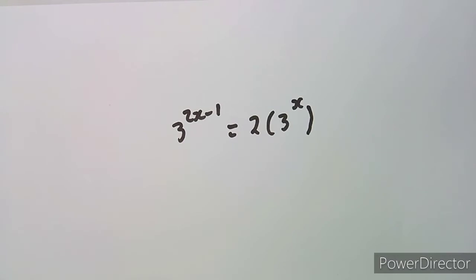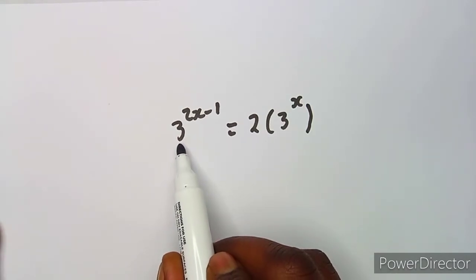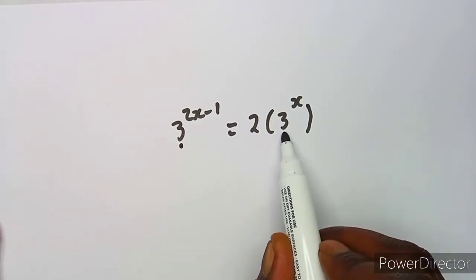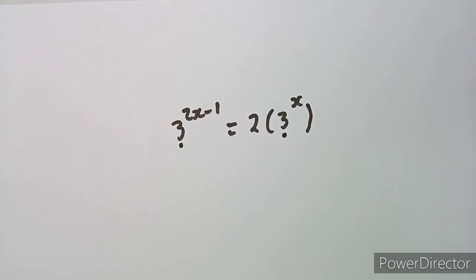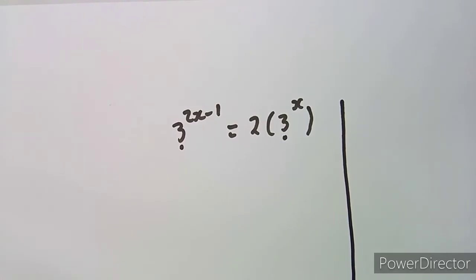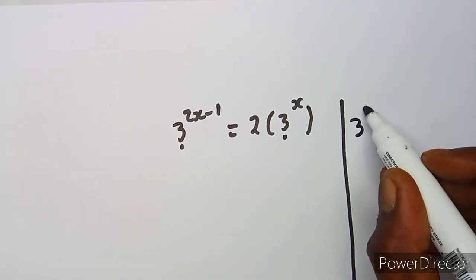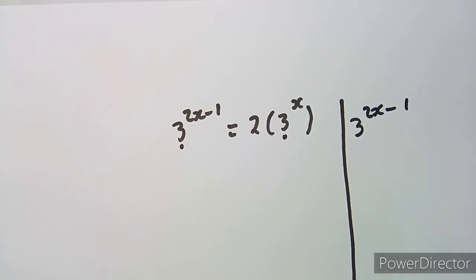But this is another type of question where you can apply this concept, because here these bases are the same. If you cross check, this is 3, this is 3. So there is something that we can do which is common to these two. What is it that we can do? Can we try to separate these in terms of the base of 3? When I say separate, I mean on a condition like this, where we are given 3 to the exponent of 2x minus 1, there is something that we are adding here.